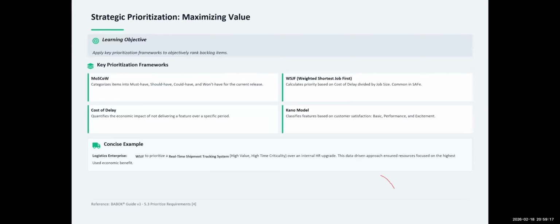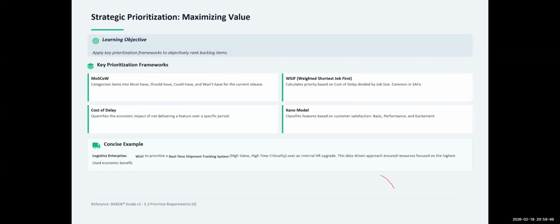So you can now take all the items in your product backlog and look at each feature. If we don't deliver it by tomorrow, how much are we losing? If you don't deliver this one by next month, then you rank it, and the one that has the highest economic impact, or the value that you're going to lose, needs to go out first of that backlog.